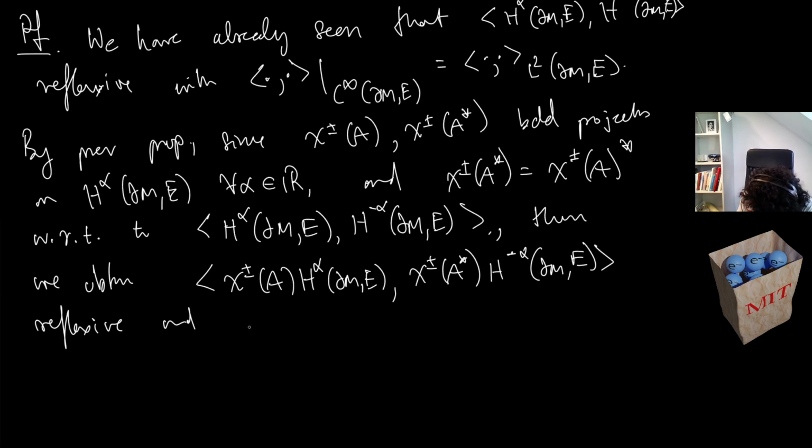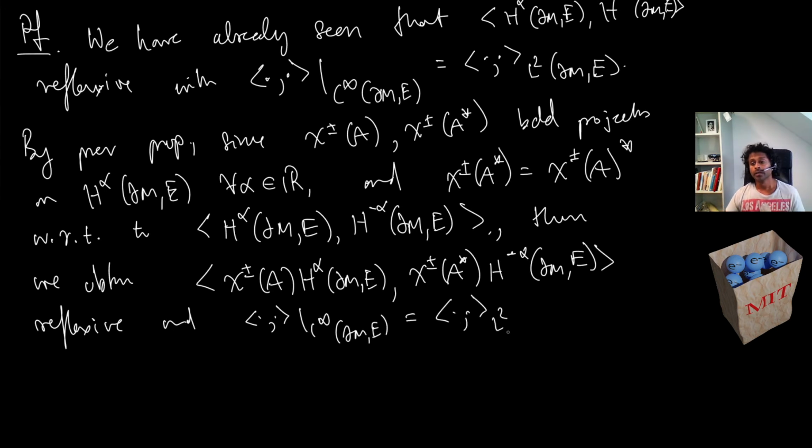And satisfying the restriction equals the L2. This just comes out of the wash because it's already coming from a pre-existing reflexive pairing, where we know this property is satisfied.